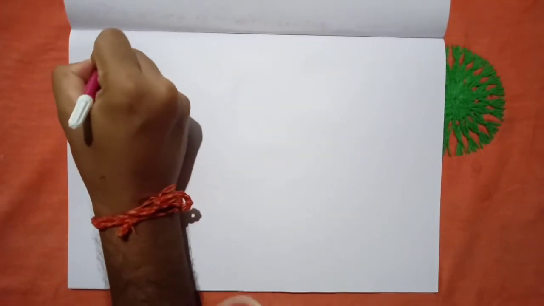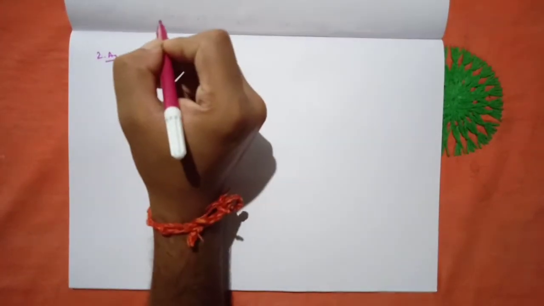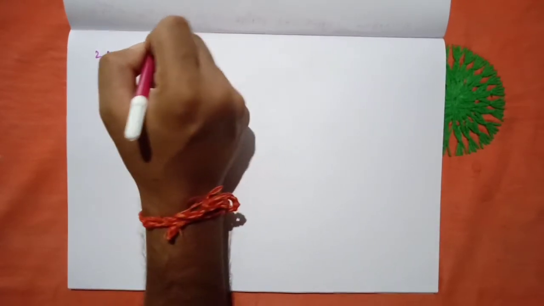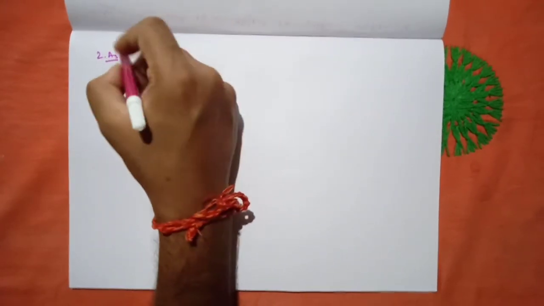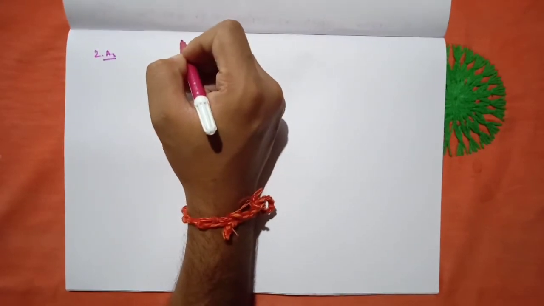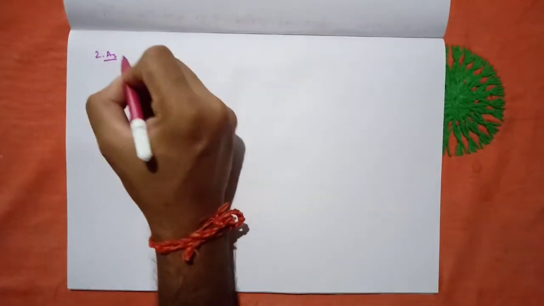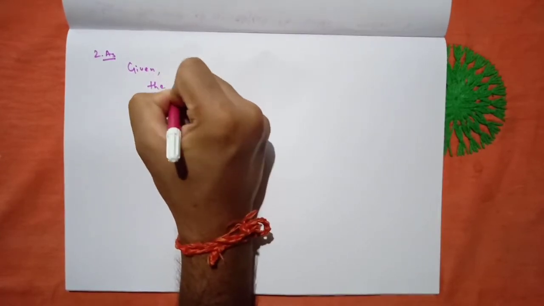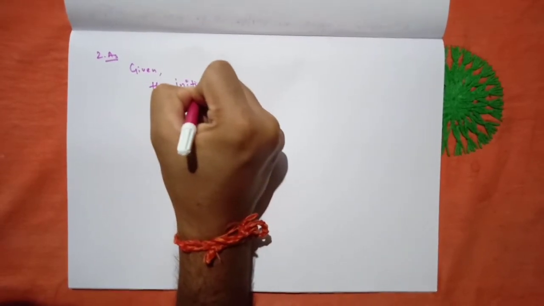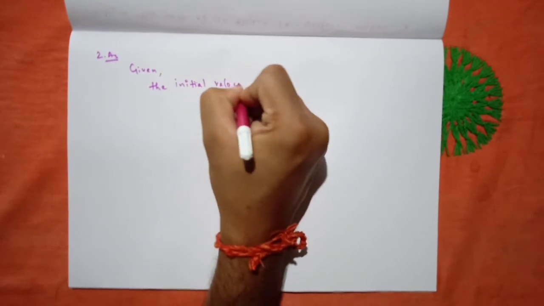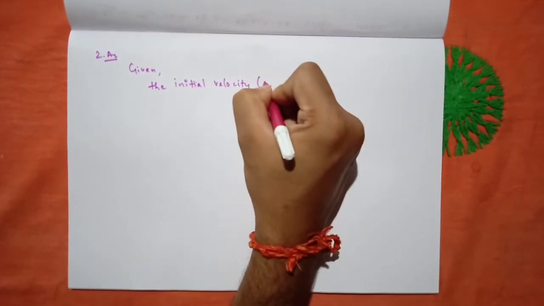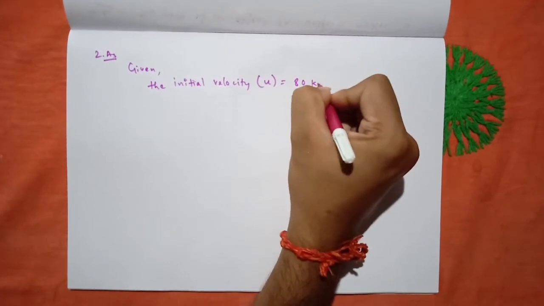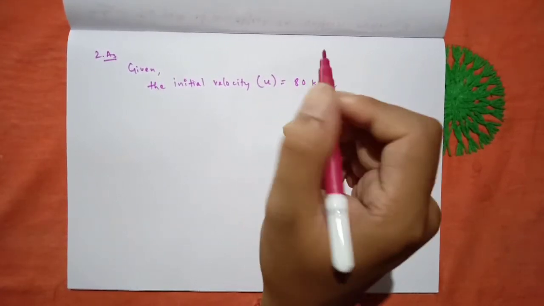question number 2. A bus decreases its speed from 80 km per hour to 60 km per hour in 5 seconds. Find the acceleration of the bus. So given is the initial velocity, which is small u, is 80 kilometer per hour.